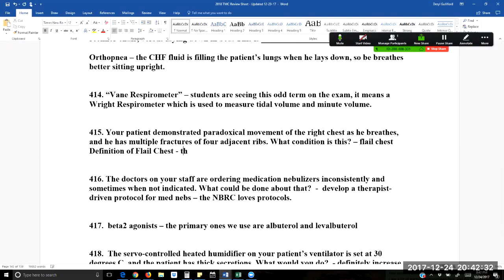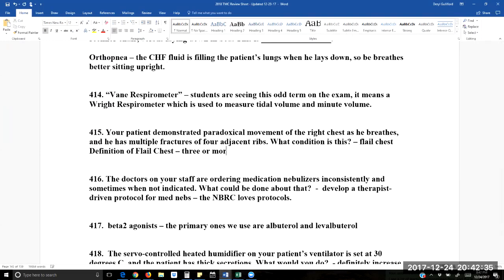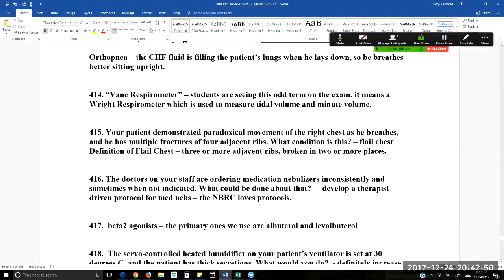Definition of flail chest, 3 or more adjacent ribs broken in 2 or more places. Okay, so this patient qualifies, unfortunately, and does have flail chest. If you've never seen it, you'll be amazed when you see it. The chest actually sucks in the area of the flail.